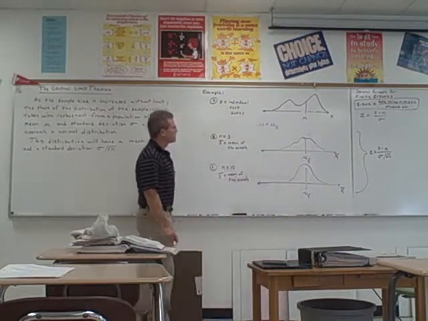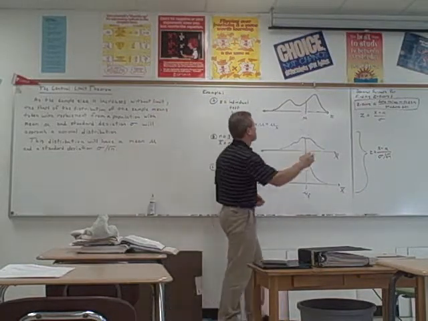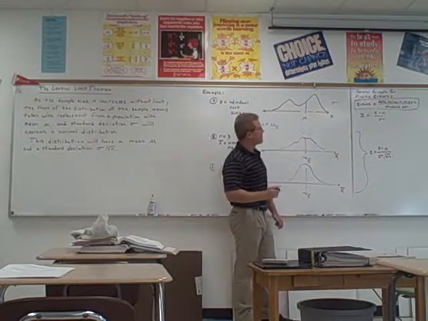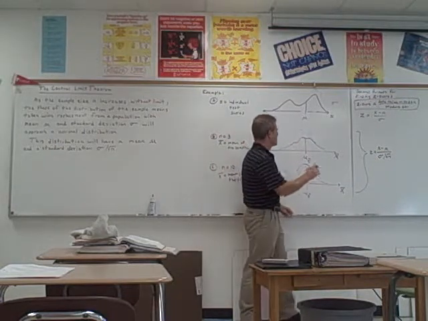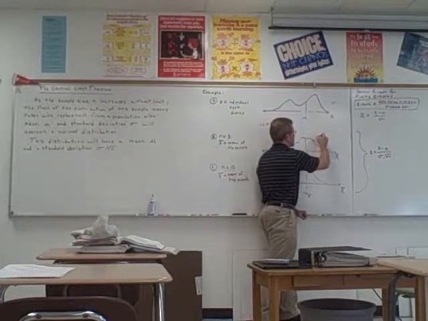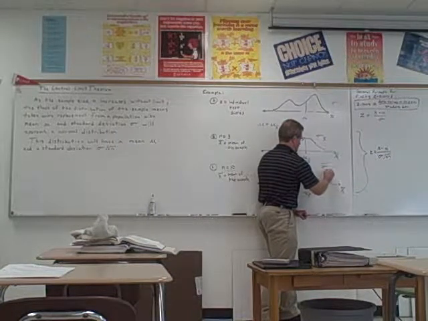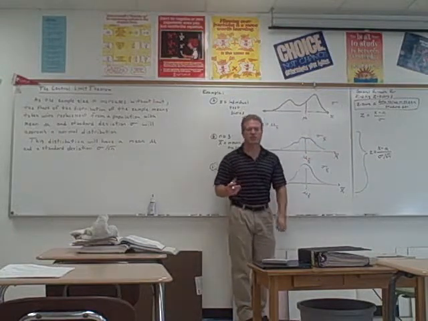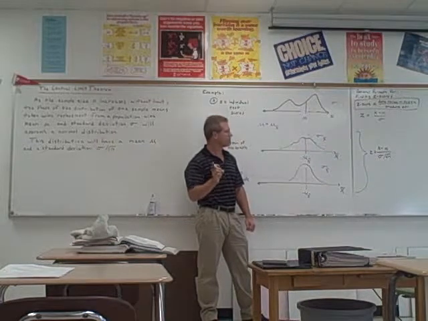Okay? So if our data is less spread out, the measurement that we use normally to determine how spread out data is is the standard deviation, which looks like that. So if the data is getting less spread out, that standard deviation is getting smaller. Now, the standard deviation of these 2 distributions would look like this. It's the standard deviation of the sample means. And actually, instead of calling it the standard deviation of the sample means, we normally change the wording, we call it the standard error of the means.